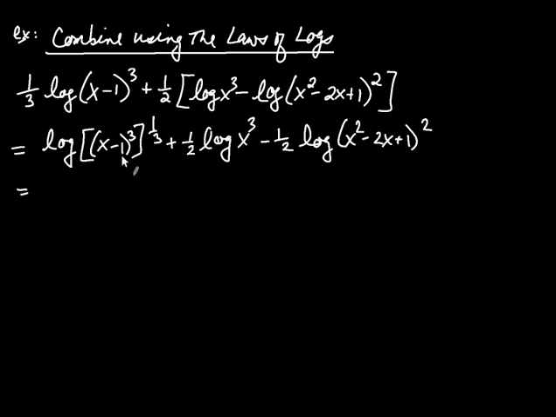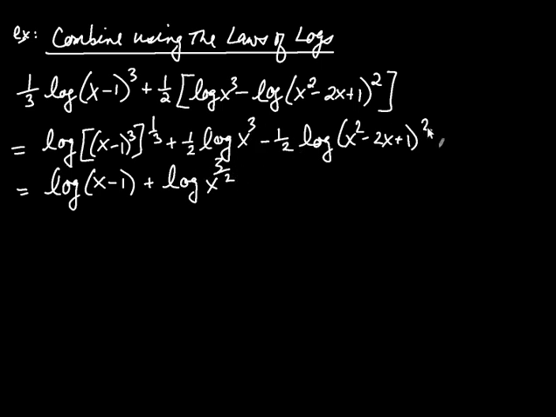For the first one, the 3's are going to cancel. I didn't do it because they cancel, but because I don't want the coefficient in front of the log. It just so happens that they cancel, fortunately. So I have log of x minus 1. Next one, they don't cancel, but we still bring it up. So it's going to be plus log of x raised to the 3/2, because 3 times 1/2 is 3/2.